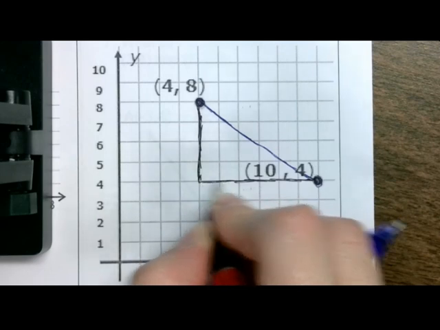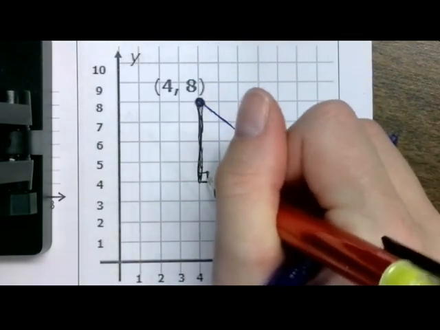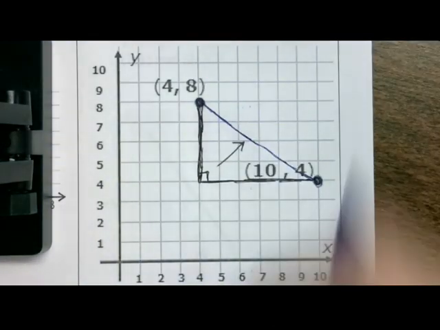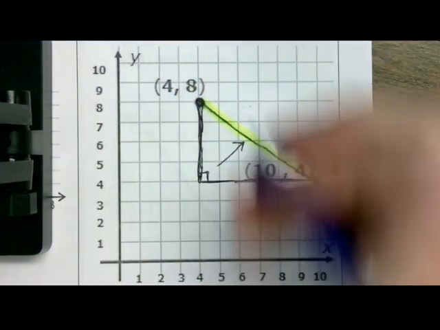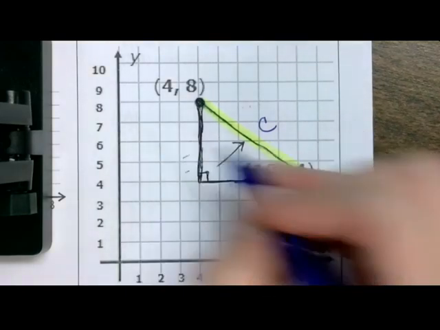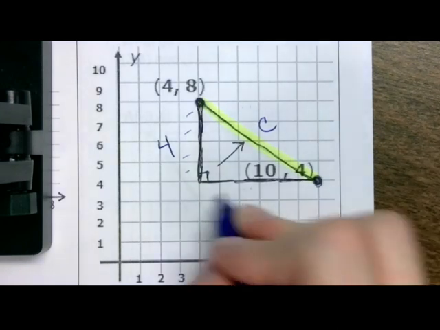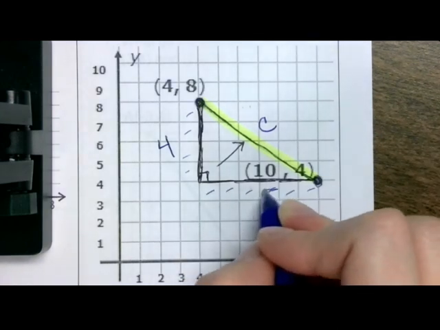We're going to have to get those 2 legs up and down, left to right. So, we are finding this distance right here. That is our C. Up and down is 1, 2, 3, 4. Across here is 1, 2, 3, 4, 5, 6.